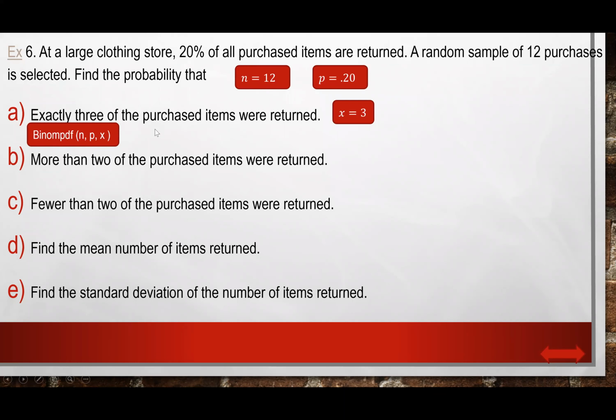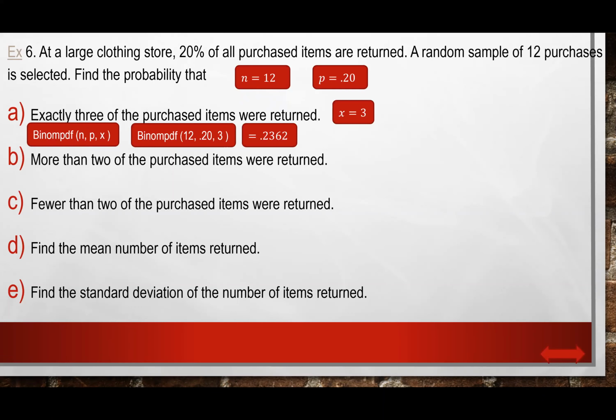Those are the 3 things I need, so I plug in 12, 0.2, 3. The probability of exactly 3 out of the 12 purchases being returned is 23.6%, or 0.2362.